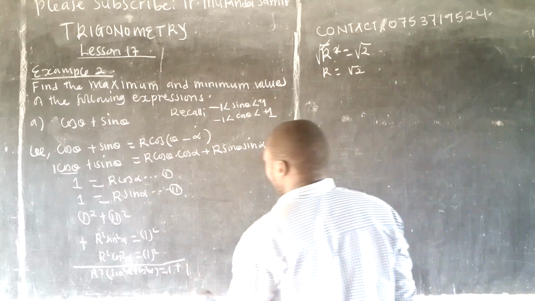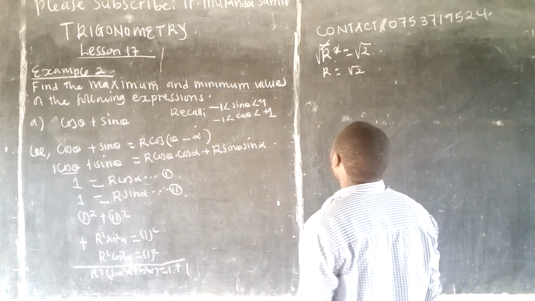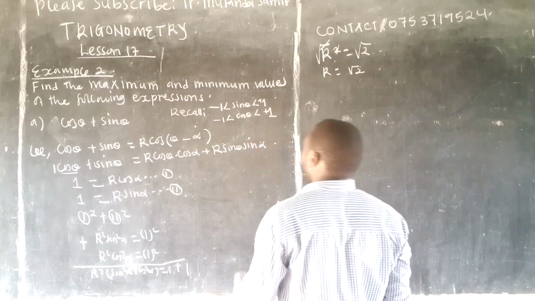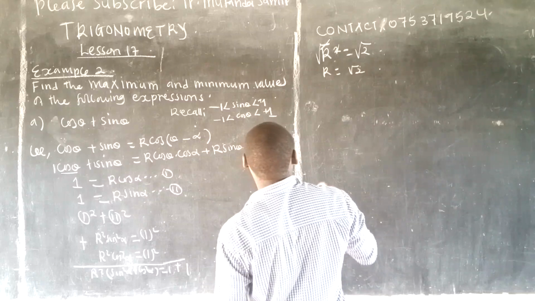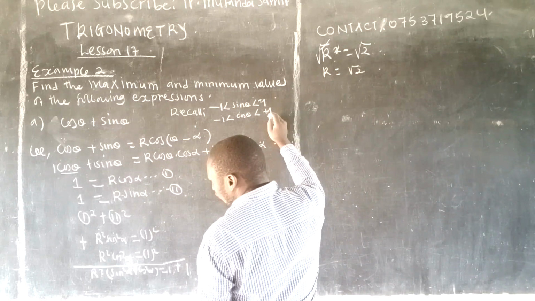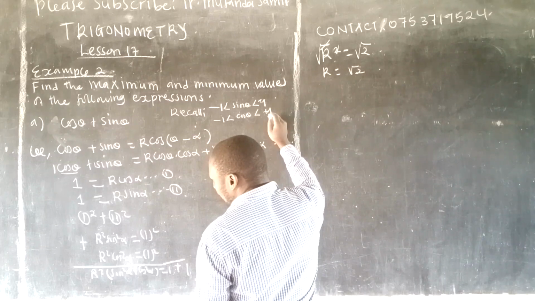Our aim is to get the value of R and the value of alpha. Next, what we're going to do is find the value of alpha. What would we do? We divide equation 1 by equation 2, or equation 2 by equation 1, but we aim at creating a tan.